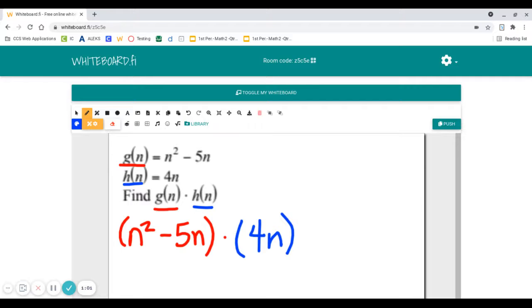So if we use the distributive method, it might be easier to see that 4n, since it's one term, we distribute it to the two red parts, which is n squared minus 5n, or you can distribute the n squared to 4n and then the negative 5n to 4n. Either way, you should get the same answer. So let's distribute.